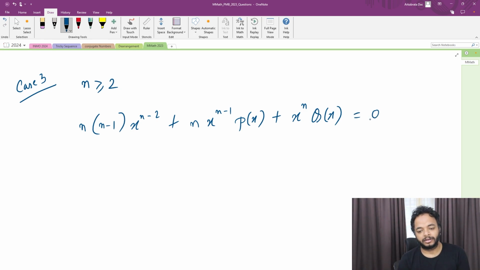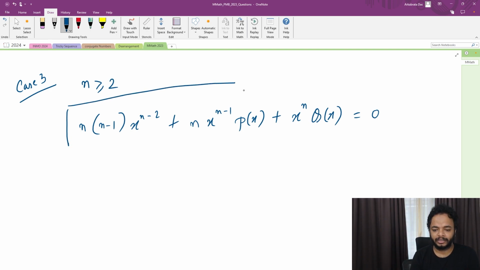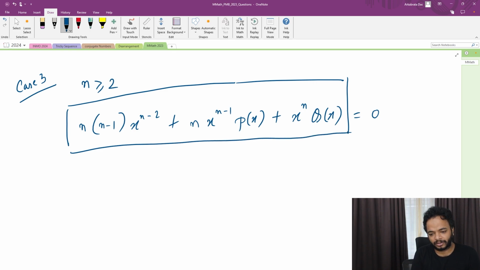Since p(x), q(x) are polynomials, this as a whole should again be a polynomial, and if that polynomial is 0 throughout the interval -1 to 1, it's a zero polynomial. If that's a zero polynomial, then every coefficient should be equal to 0.